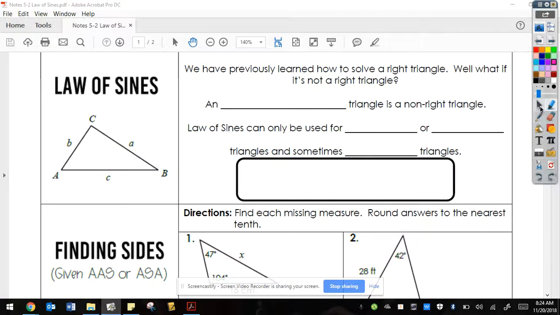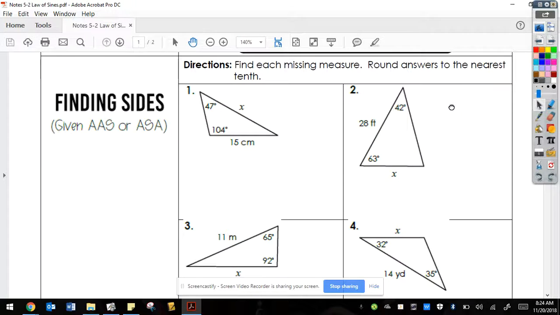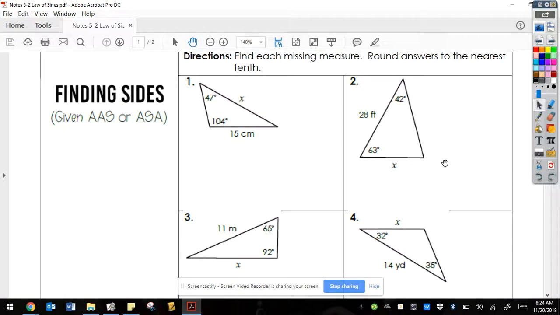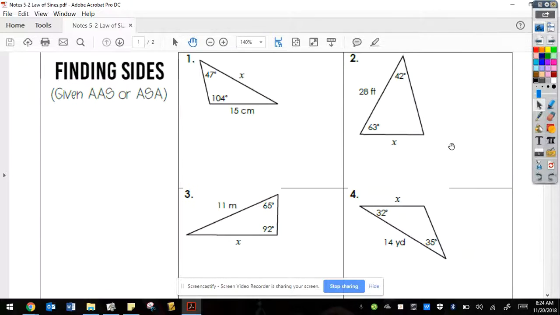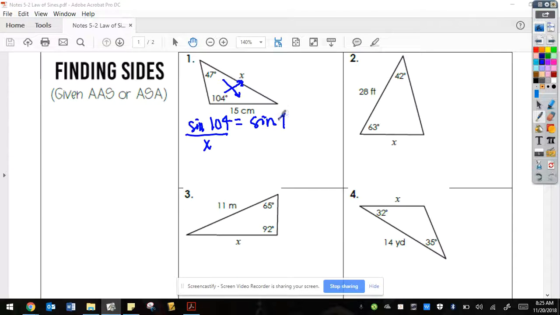Let's try some examples. Find each missing measure, rounding each answer to the nearest tenth, so 1 decimal place. We have this angle here, which is across from x, so we do sine of 104 over x equals, and then we have this angle here, and it's across from 15, so we do sine of 47 over 15.